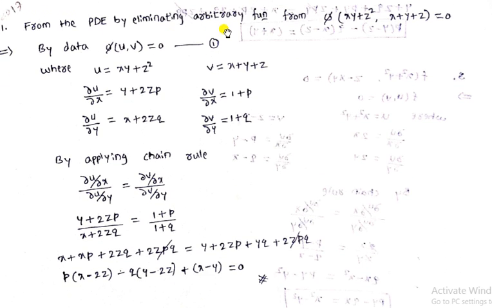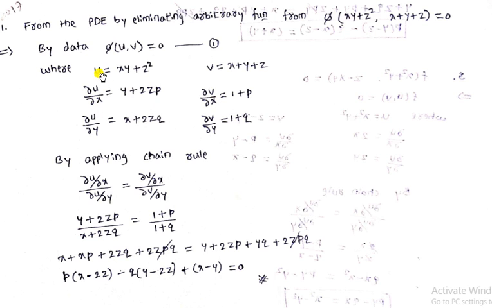From the PDE by eliminating the arbitrary function from phi of xy plus z square comma x plus y plus z equal to 0. So here the problem is in the form of phi of u v form. So the u function is xy plus z square, v is x plus y plus z. Now differentiate u and v partially with x and y.